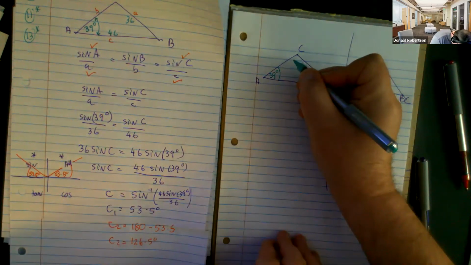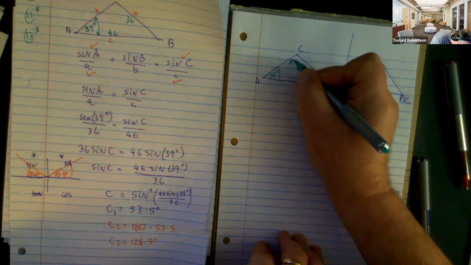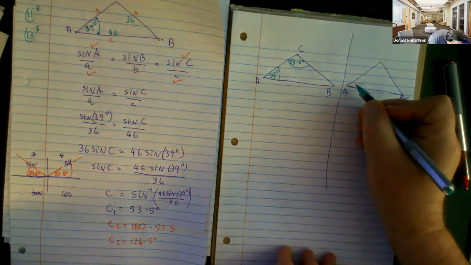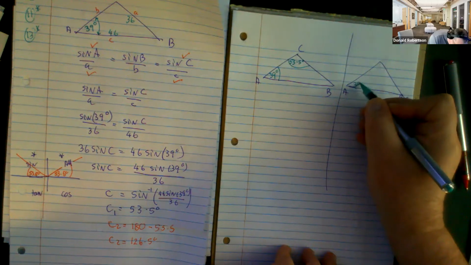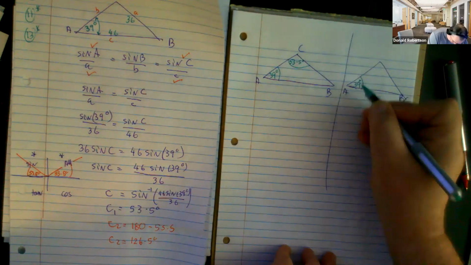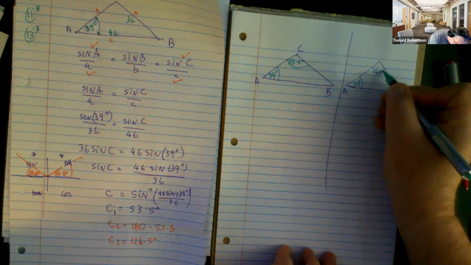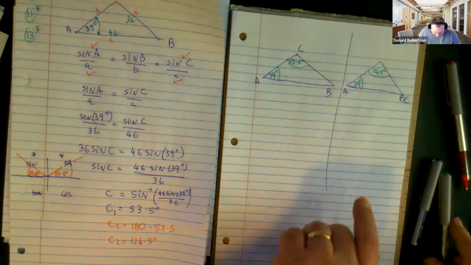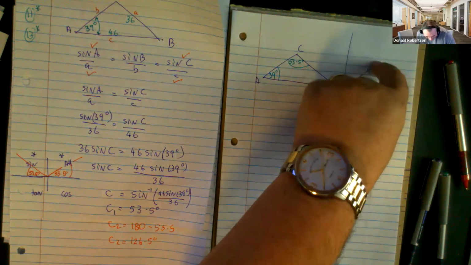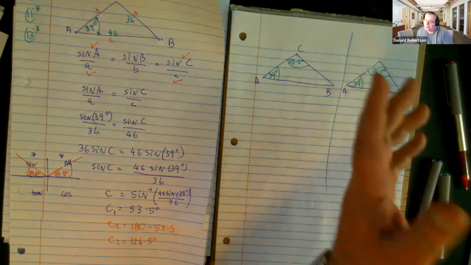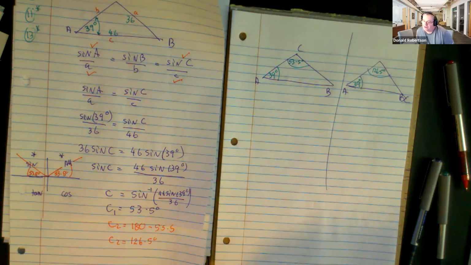This angle C, the first one we got, is 53.5 degrees. In the second situation, this one is 39 still, and this one is 126.5 degrees. And if you're wondering when I say, is there enough room? If you add these two up, as long as it's less than 180, there's enough room. That makes sense?